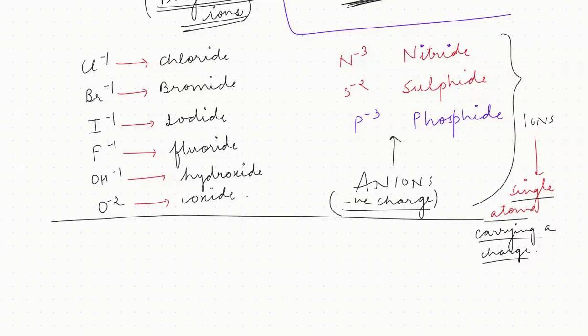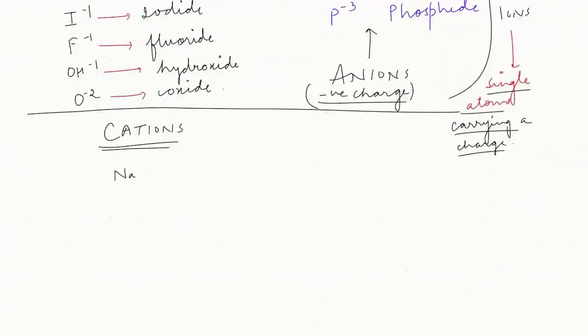So cations would mean, let's say, Na plus, Li plus.